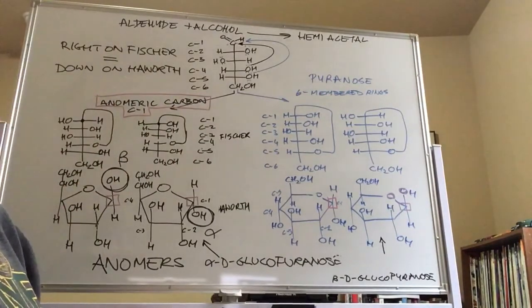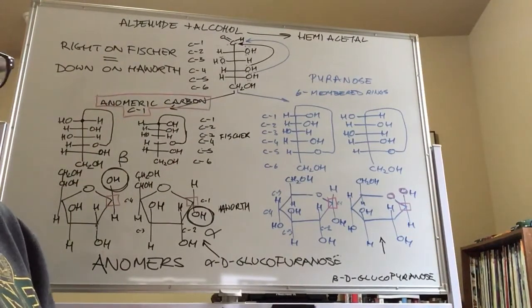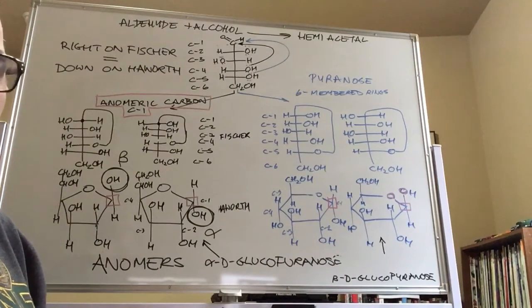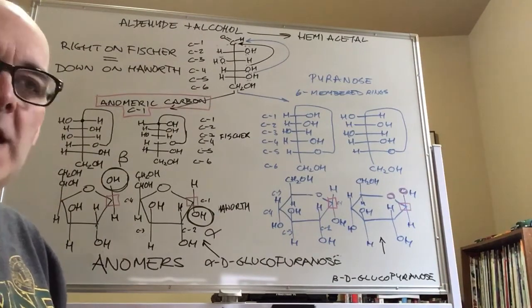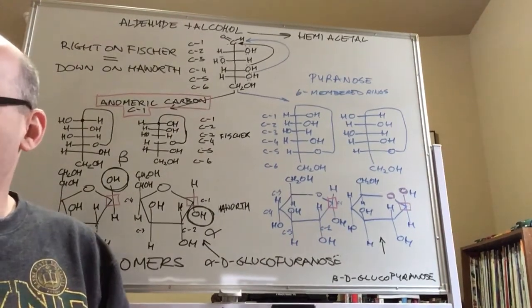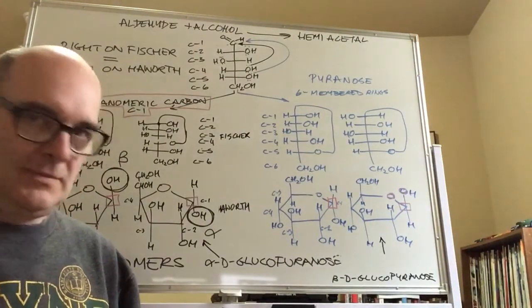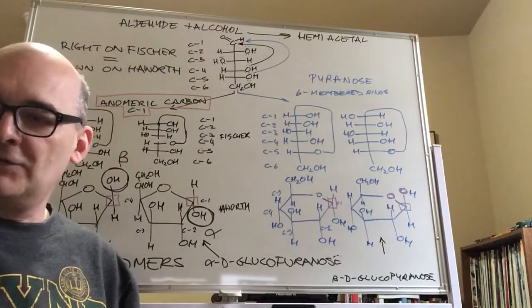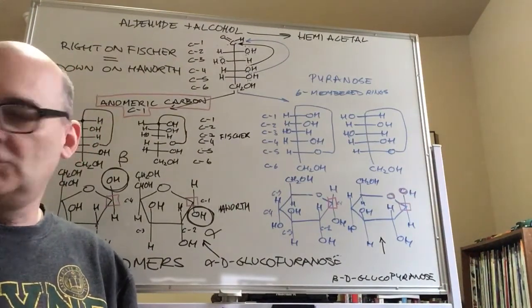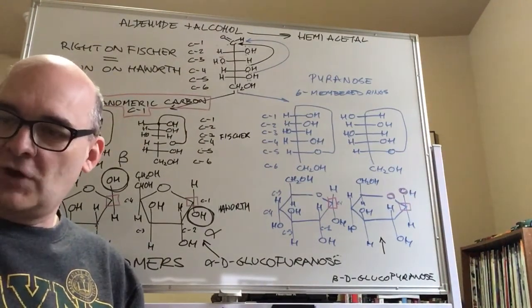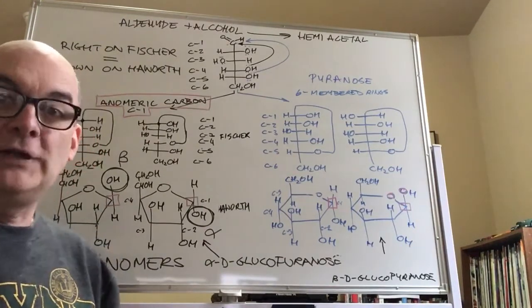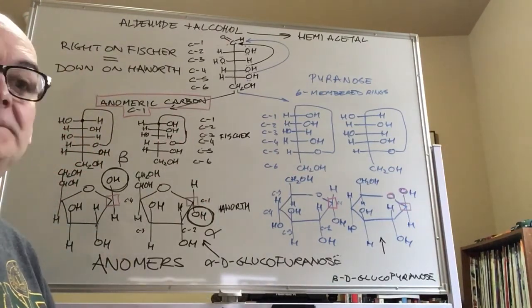Pyrans are 6-membered cyclic ethers. Furans are 5-membered cyclic ethers. All right, so we have completely filled a page with structures that we can generate just from one molecule.